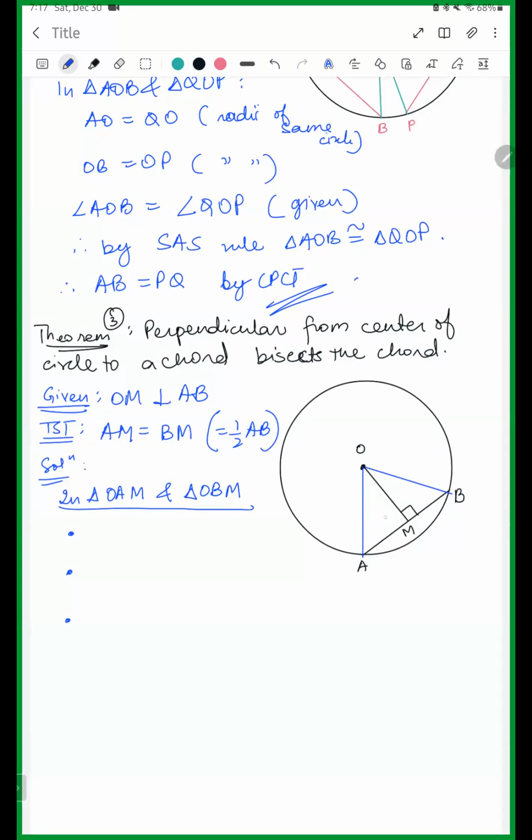To show that AM is equal to BM, we need to show these two triangles as congruent. To show these two triangles as congruent, we need three things. What three things can we use here? If you want, you can try rotating the screen a little bit, if possible.